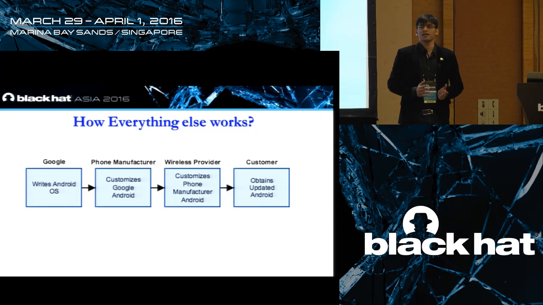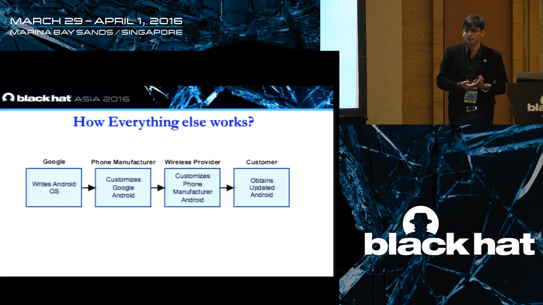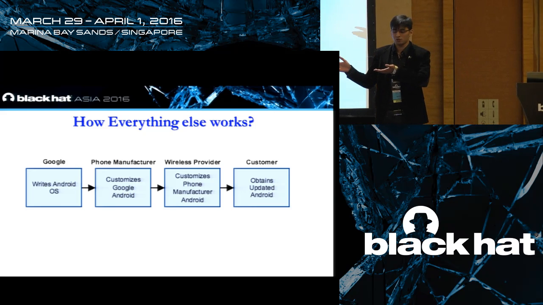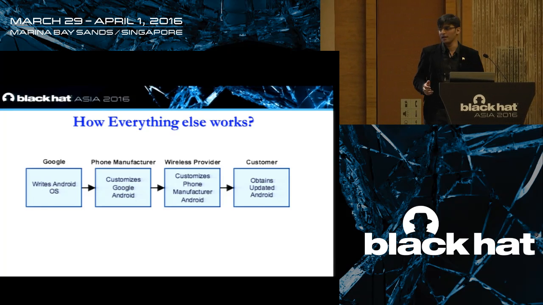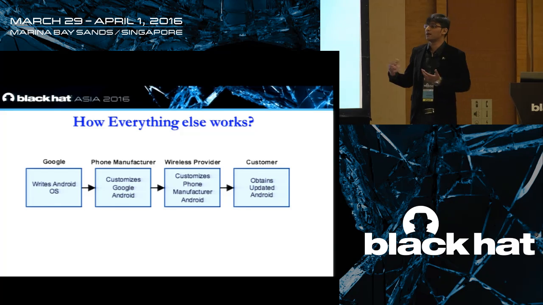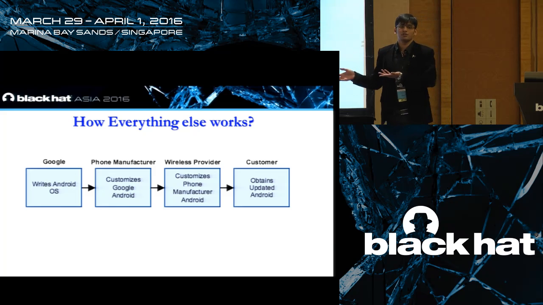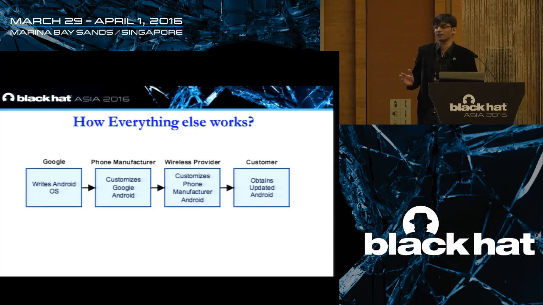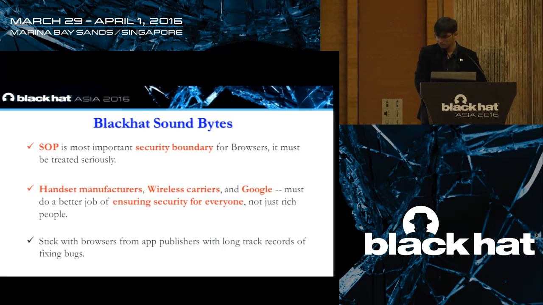The wireless carrier then double customizes the version already customized by the phone manufacturer, and it is later shipped to the customer. Now, keep in mind that the flow may stop at any point. Just because the phone manufacturer has developed a patch does not mean that the wireless carrier would apply it to its device. So the longer the supply chain is, the longer it takes to apply patches.